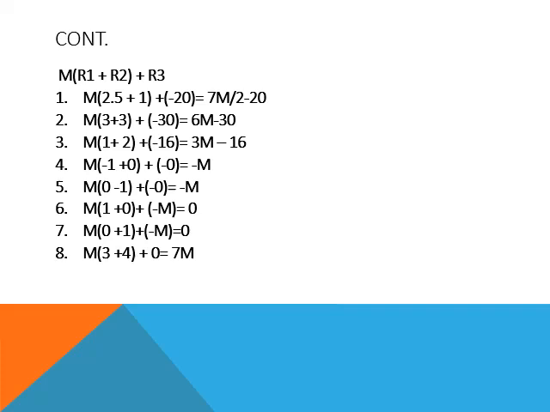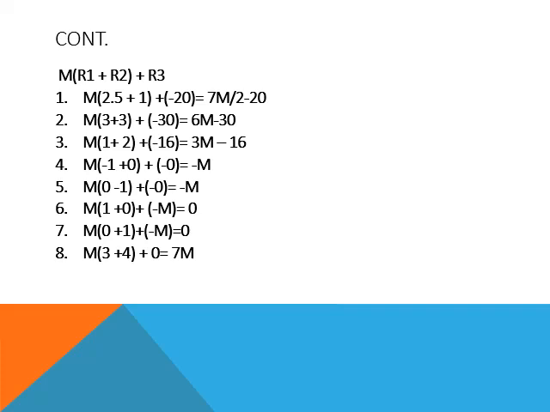This is the multiplication of R1 plus R2 in brackets by M, plus R3. Now we are going to apply this formula vertically, looking at the primary table vertically.